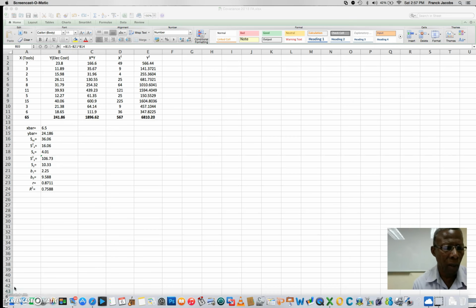We're going to be calculating also the covariance of the set of data x and y, the standard deviation and the variance of those two values, and we are going to be calculating B1 and B0, which are the variable costs and fixed costs respectively.